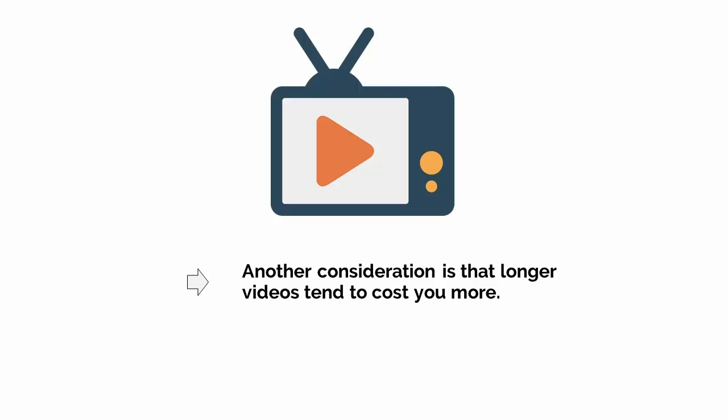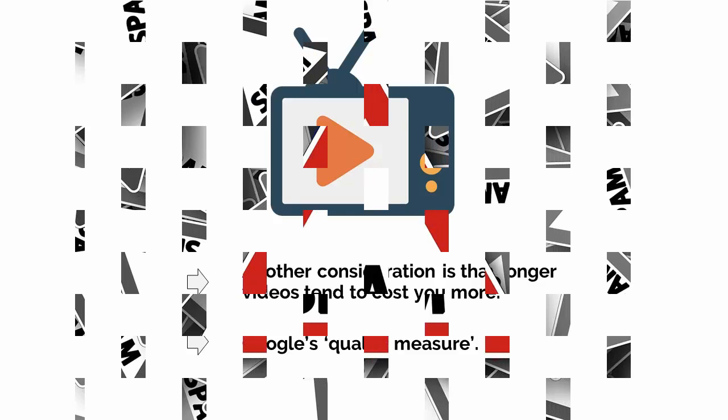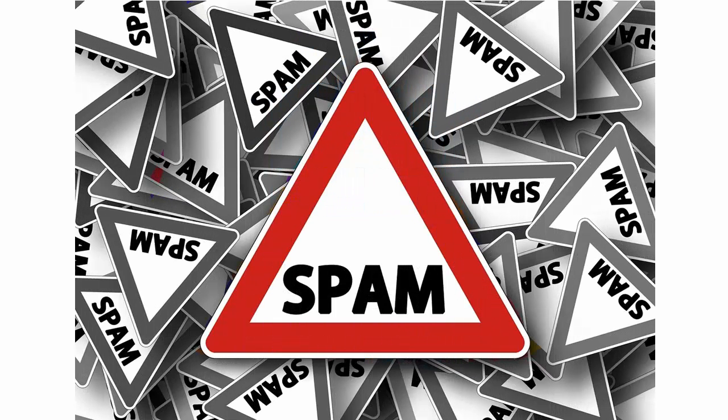Another consideration is that longer videos tend to cost you more. Now, this might come as something of a surprise, seeing as your views are supposed to be calibrated via bidding, but it all has to do with a new feature, Google's quality measure. You see, Google doesn't want advertisers to be able to ruin its search engine or video service by creating spammy videos that are poorly made and promote low-quality products. But they don't have time to manually vet every advert that gets uploaded.